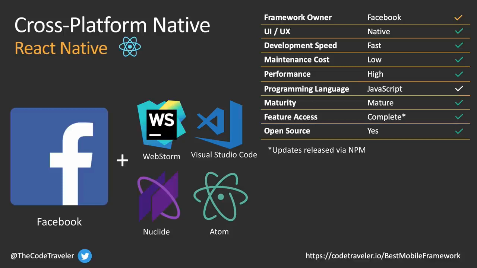Performance is still high because these are native apps. We create them in JavaScript. And just like Xamarin, React Native is also a mature framework that is open source and feature complete, as anytime Apple and Google come out with updates, Facebook will also release updates via NPM.